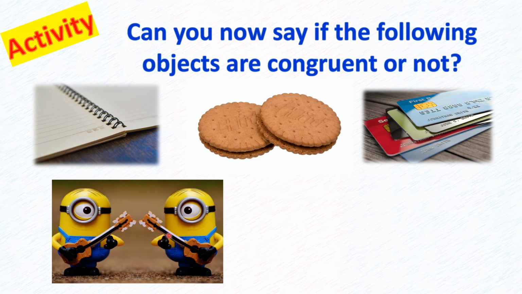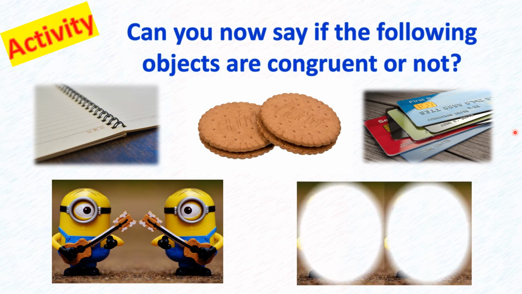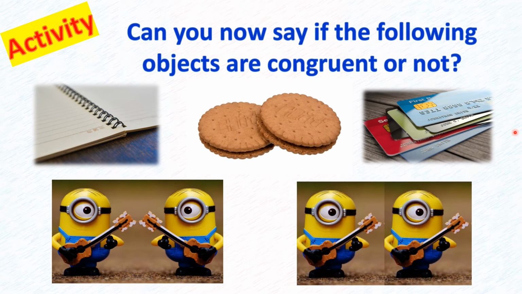No, they are not congruent. Because if I keep this one on the other one, then see, this guitar that he is playing will come over here. It will not match. If I want these two figures to be congruent, then they should be like this. These two, yes, they will be congruent.